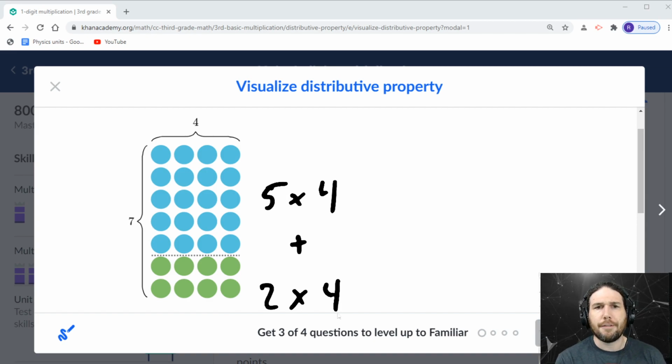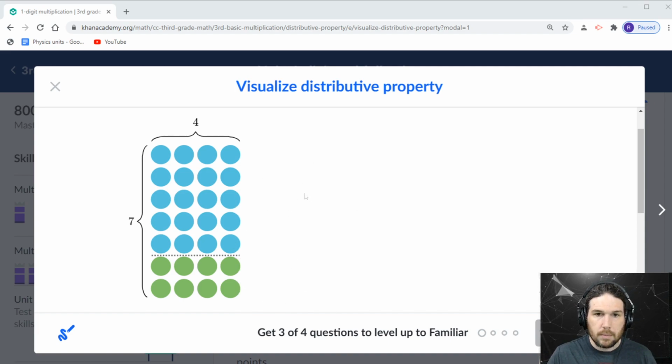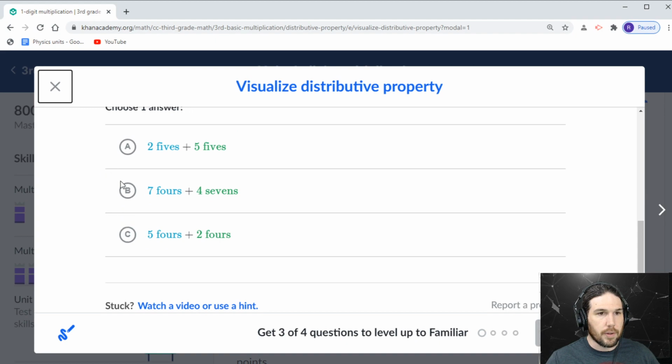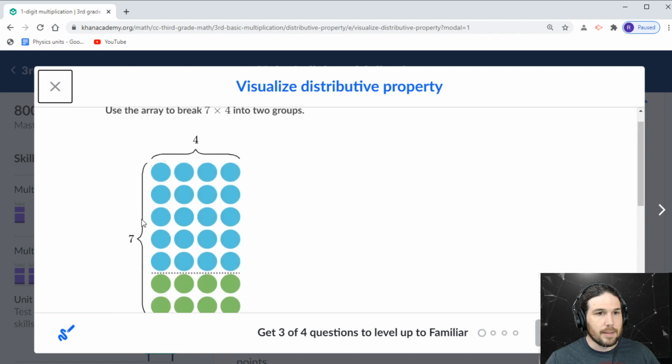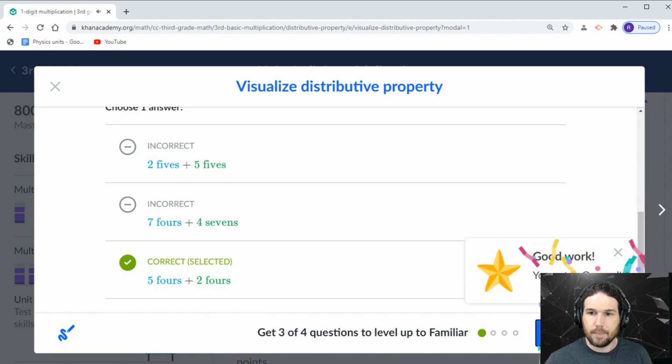Yes? If you have 5 times 4 and 2 times 4, that is the same as 7 times 4. Right? If I've got 5 groups of 4 and 2 groups of 4 and I put them together into a big pile, I've got 7 groups of 4. So that's 5 4s and 2 4s, yeah?